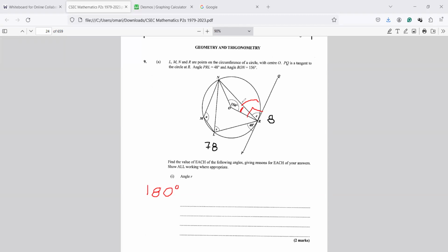So that's actually a very good approach. And I know a lot of persons aren't very comfortable with circle theorems. So if you can understand it by using triangles and the 90-degree angle, then that is perfectly fine.